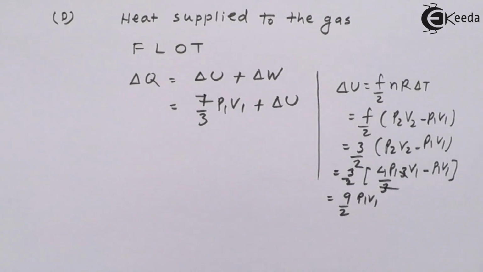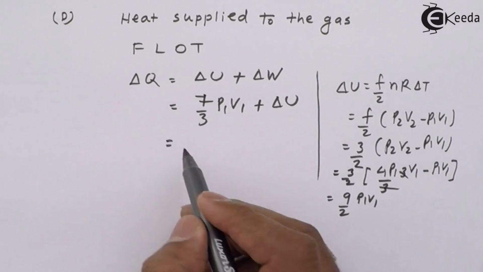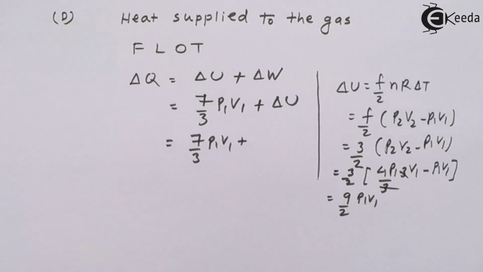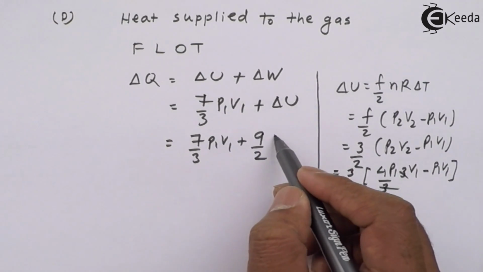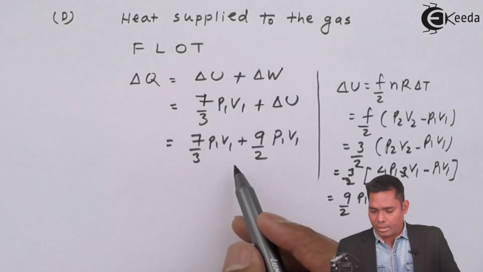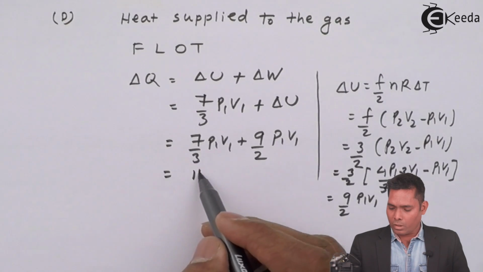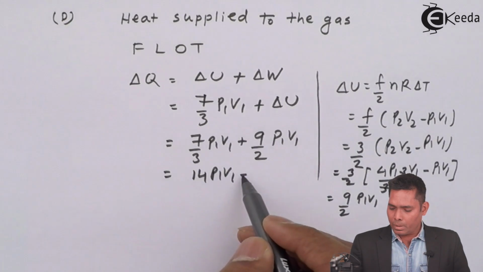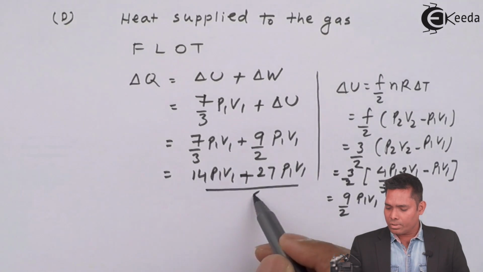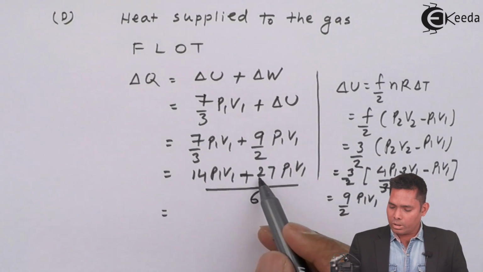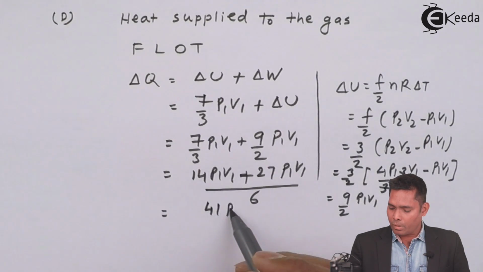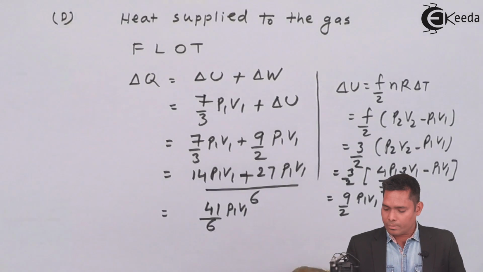P1 V1. So I write this over here, 7 by 3 P1 V1 plus 9 by 2 P1 V1. If I take the LCM, this will be 14 P1 V1 plus 27 P1 V1 divided by 6. So this is 41 P1 V1 divided by 6.